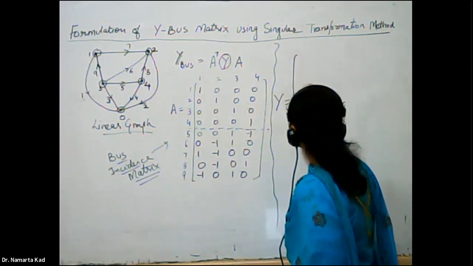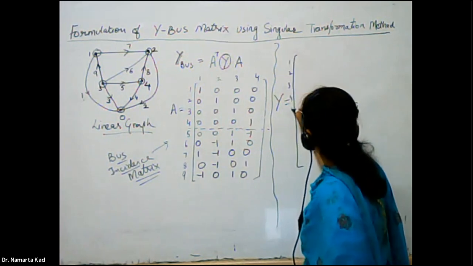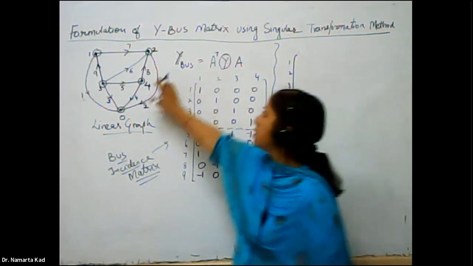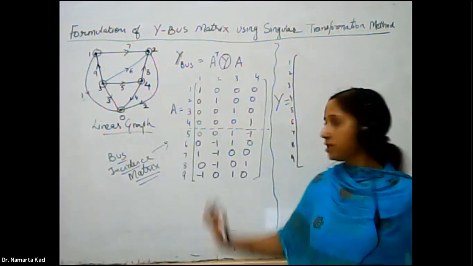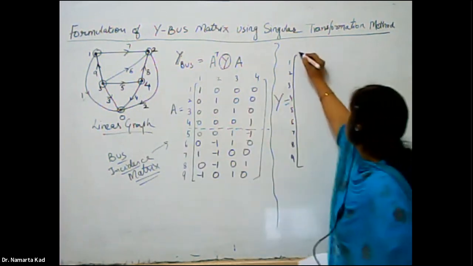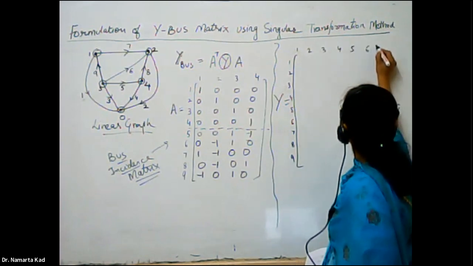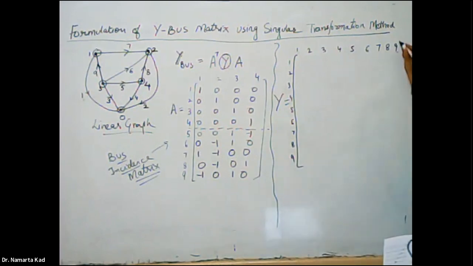As the total number of elements in this linear graph is 9, we take 9 rows and 9 columns: 1, 2, 3, 4, 5, 6, 7, 8, and 9.